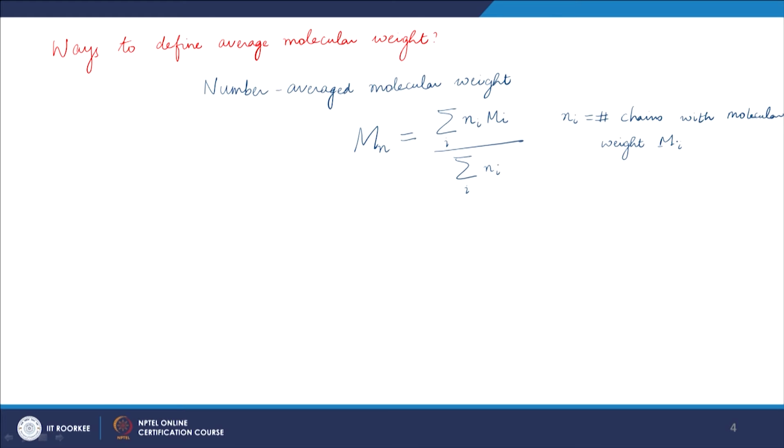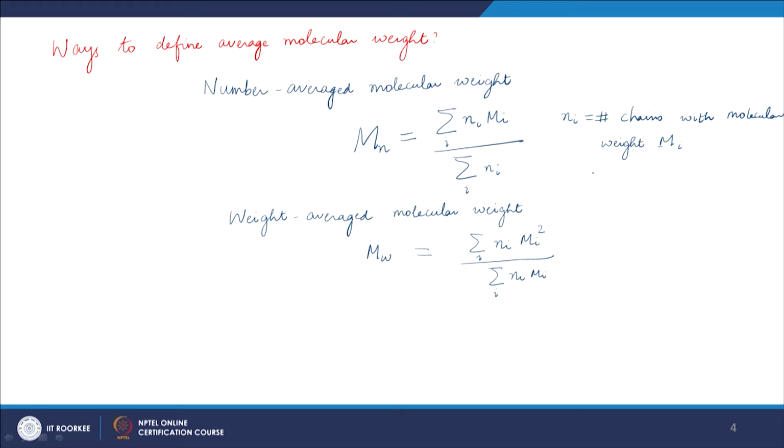Okay. Then there is something called a weight averaged molecular weight, MW, that is defined as something like sum of Ni Mi square by sum of Ni Mi, where the sum is over all values of i.